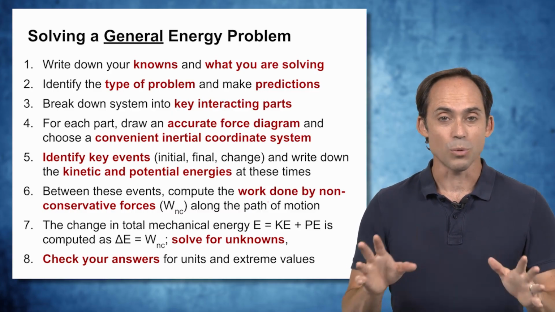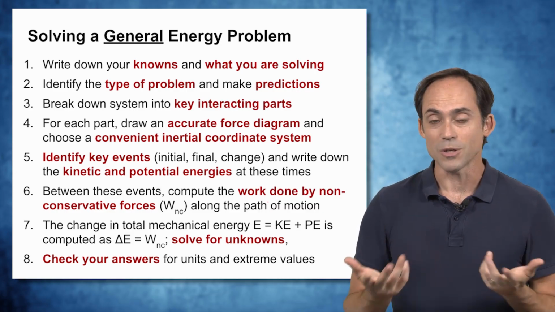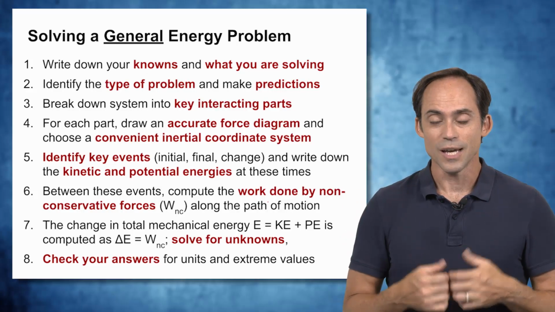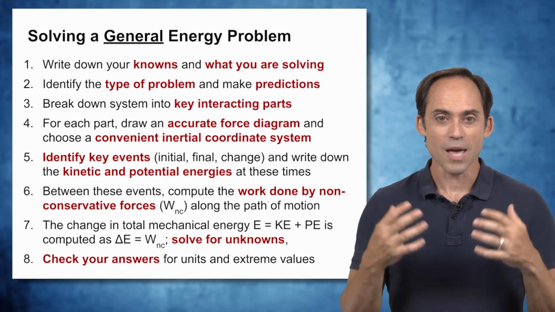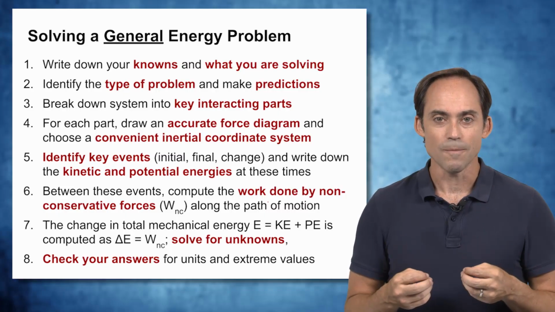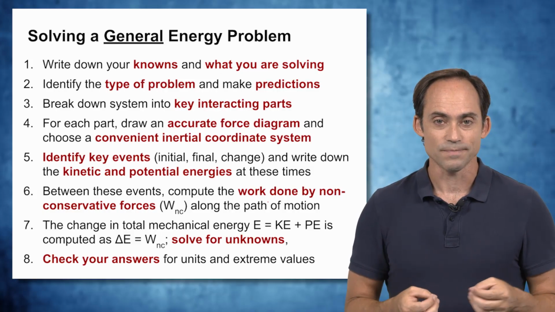And of course, the most important step is to check our answers for their units and also to consider some extreme cases. So you will see some examples of how to follow this procedure in the next few videos, but keep in mind that this is very similar to our Newtonian practice. We're just adding in a little bit here to take into account both conservative and non-conservative energies.